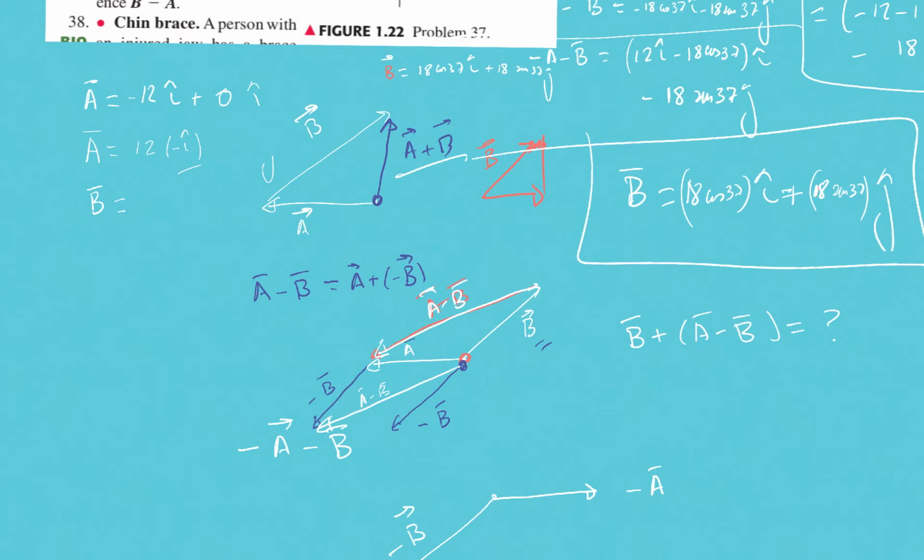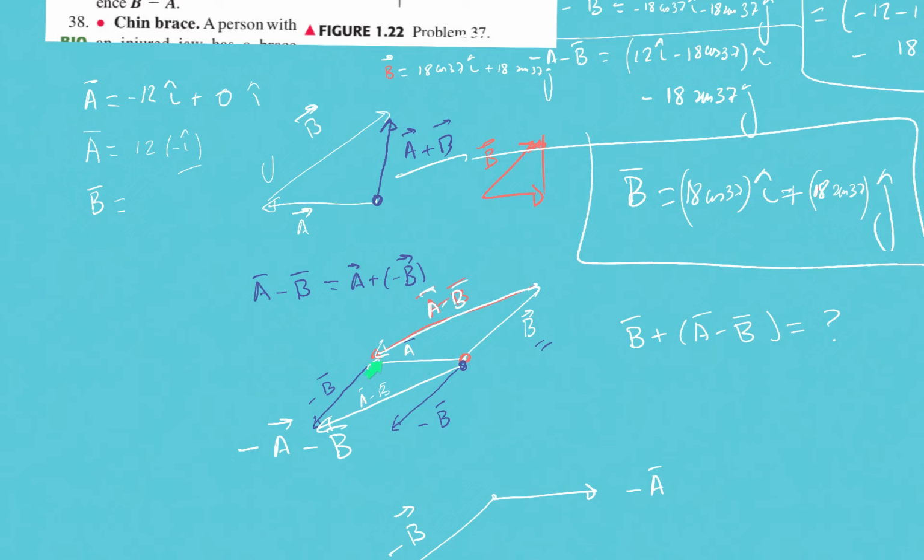Now let's say that you want to do A plus minus B. You will take B, you will place minus B. So now you have A and you have minus B, but now you have to sum. But to sum involves that you move the minus B to the head of A. Otherwise, you cannot sum.